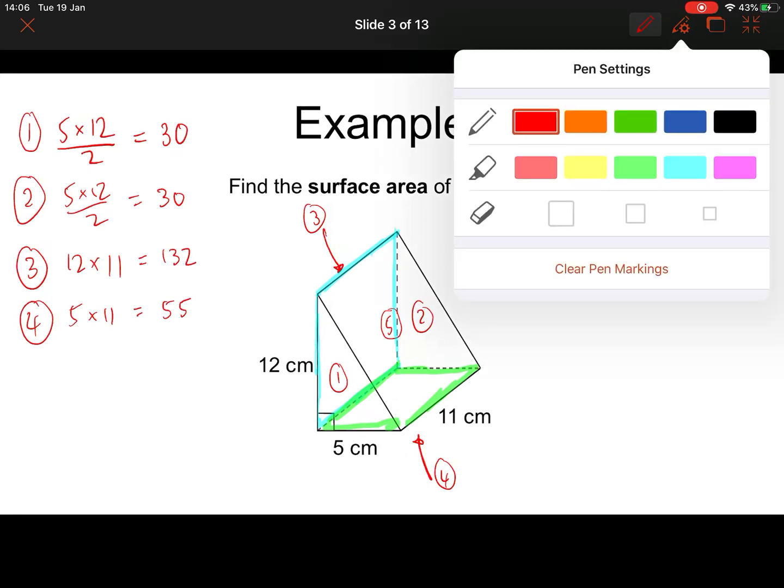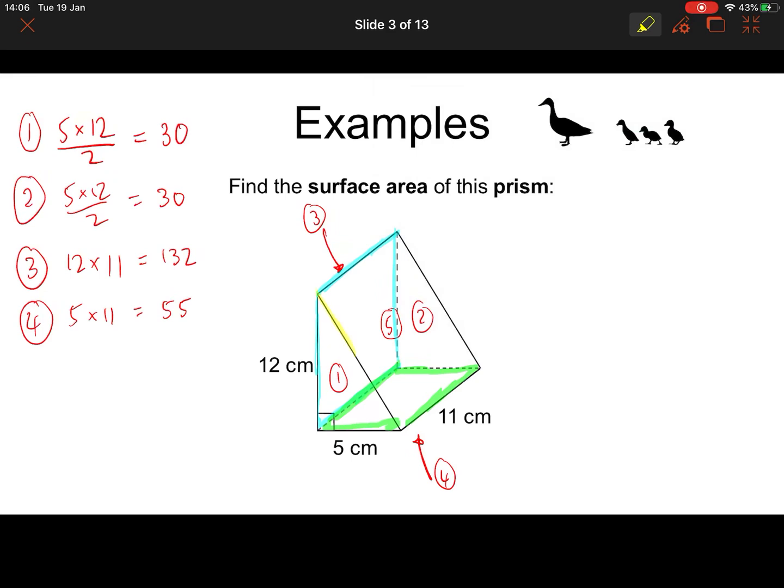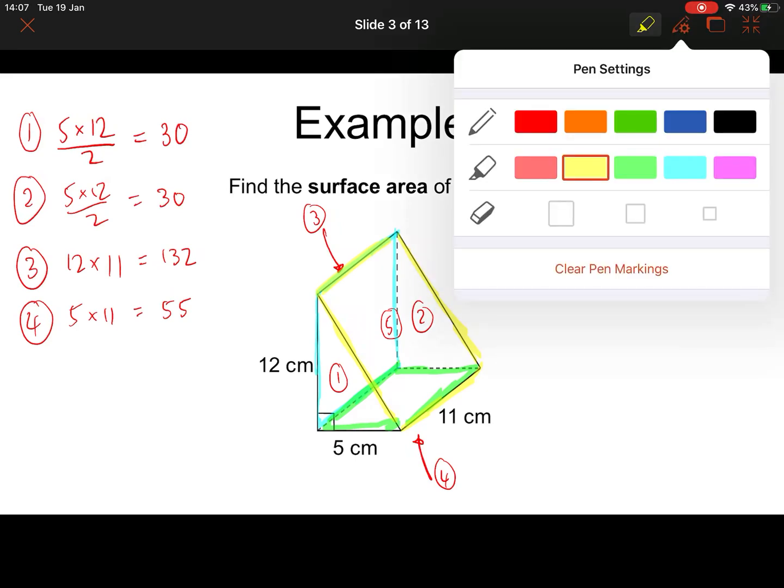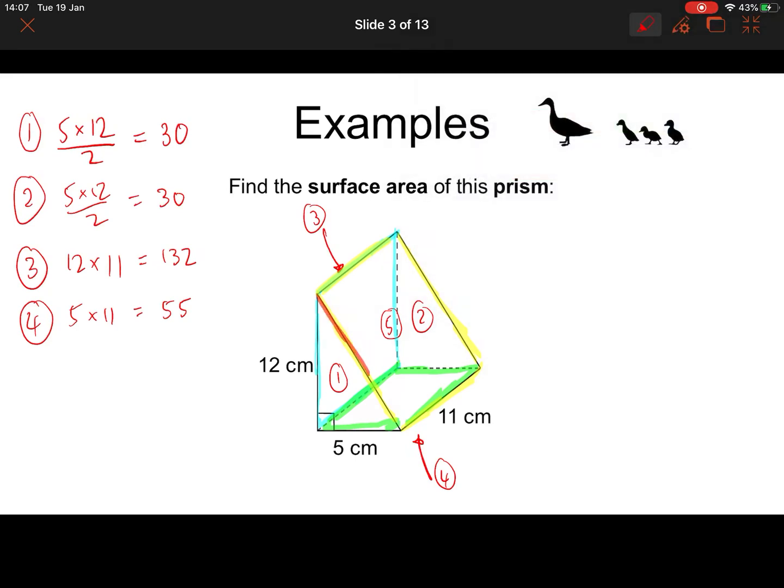Now, there's one more rectangle to count, which I'm highlighting in yellow. It's this rectangle here. You'll notice I know the base is 11, but what is the height of this rectangle?